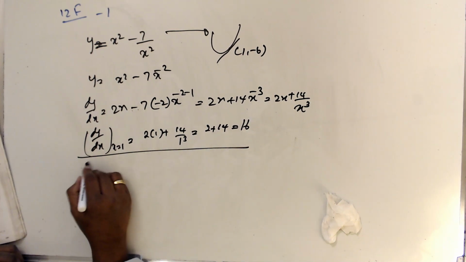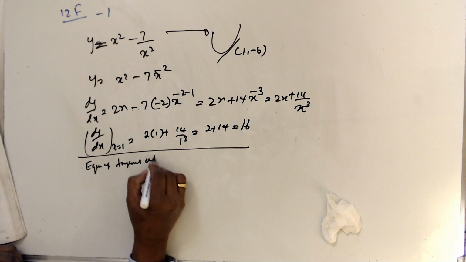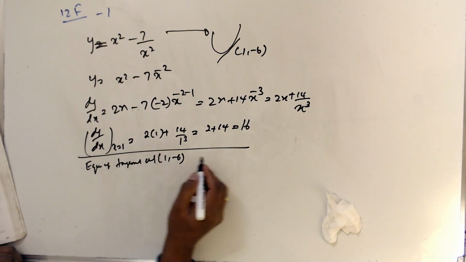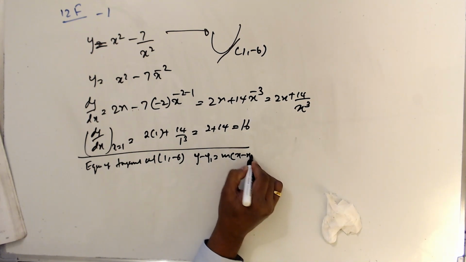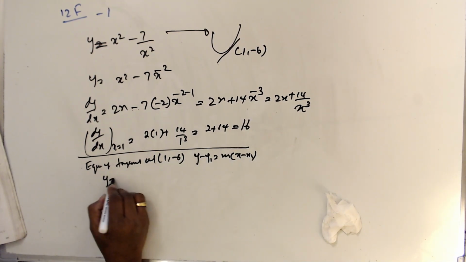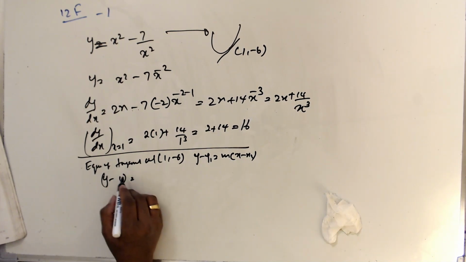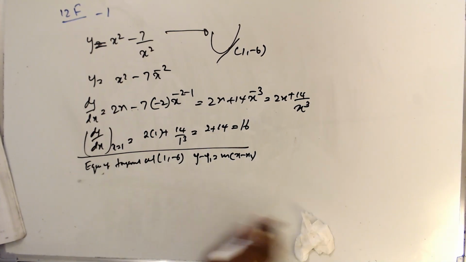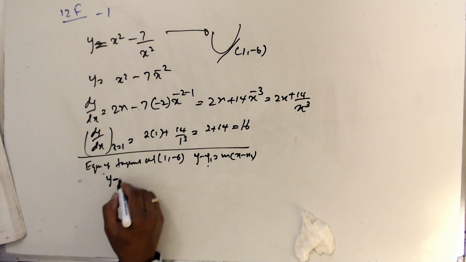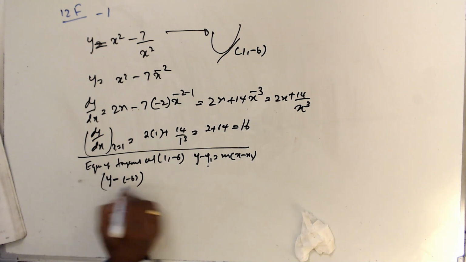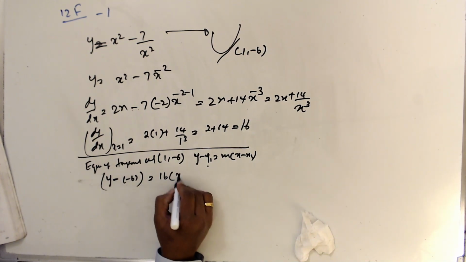Now, equation of tangent at 1, minus 6. Y minus y1 equal m times x minus x1. So y minus, what is the y value? Minus 6. Equal m, which is 16, times x minus 1.